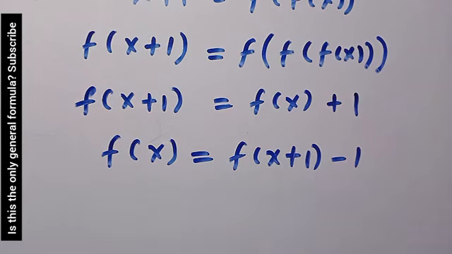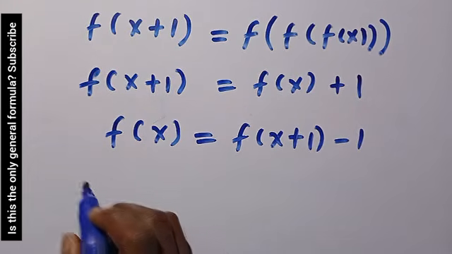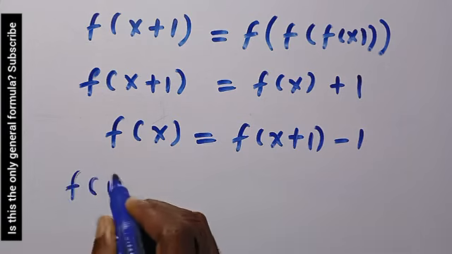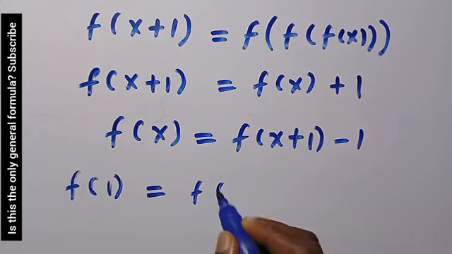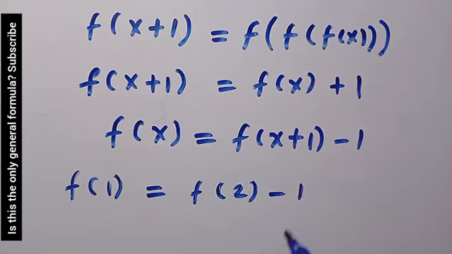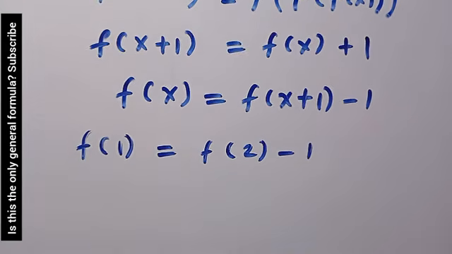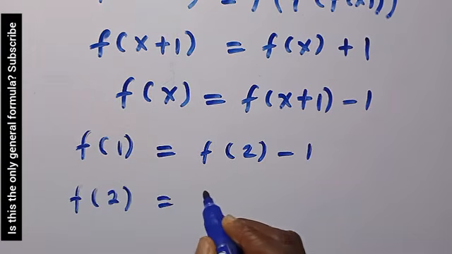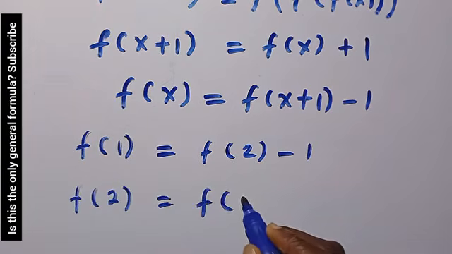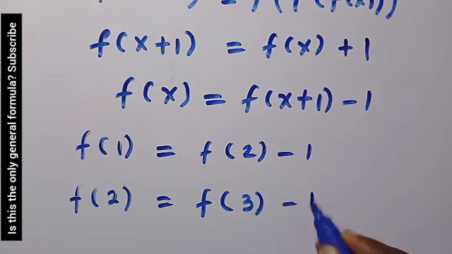So this shows a linear relationship. If I let x equals 1 at this side, we are going to have f of 1 equals f of 2 minus 1. If x equals 2, we have f of 2 equals f of 3 minus 1.